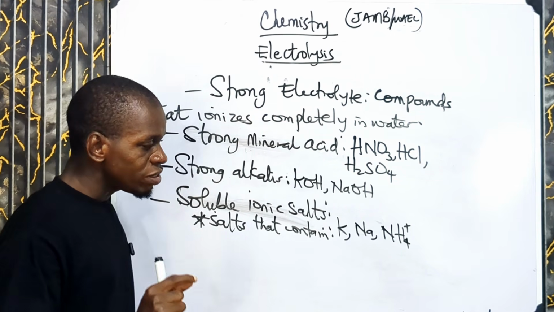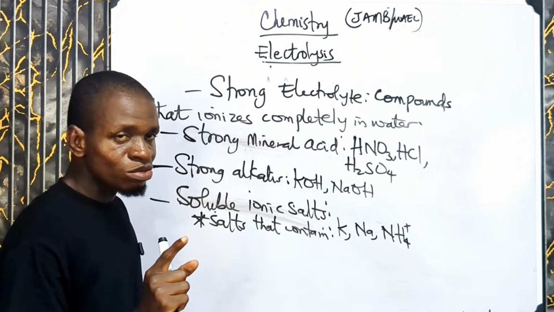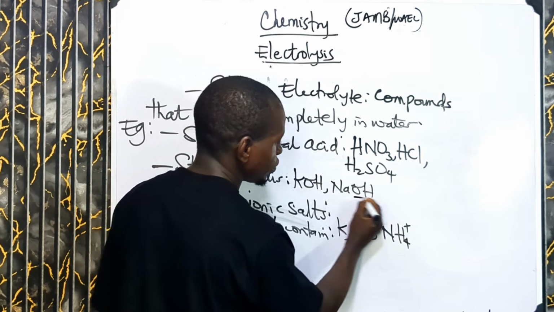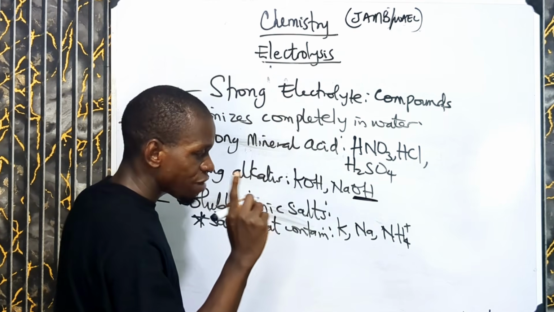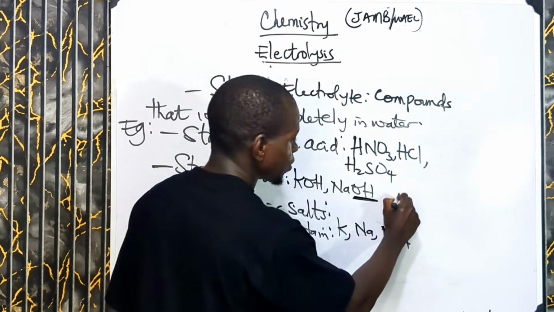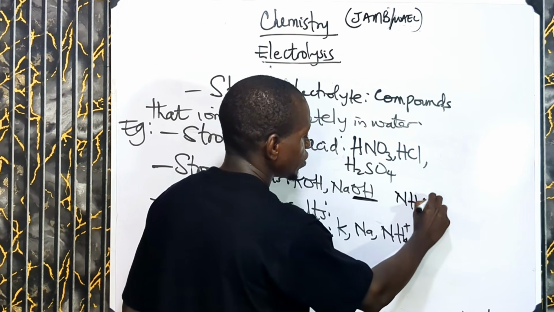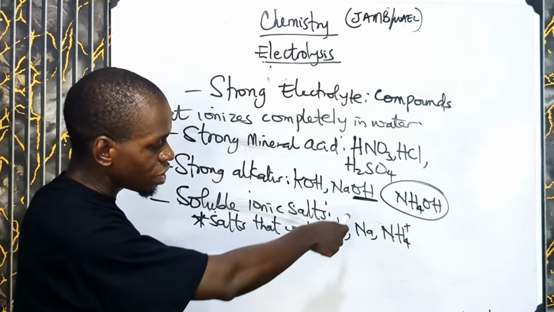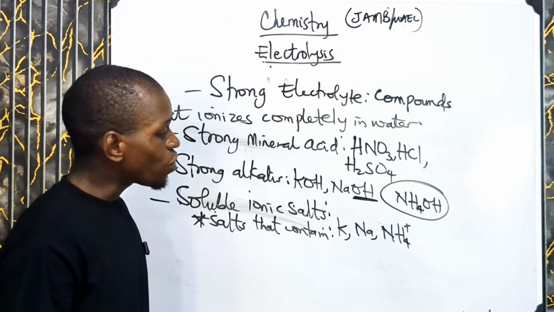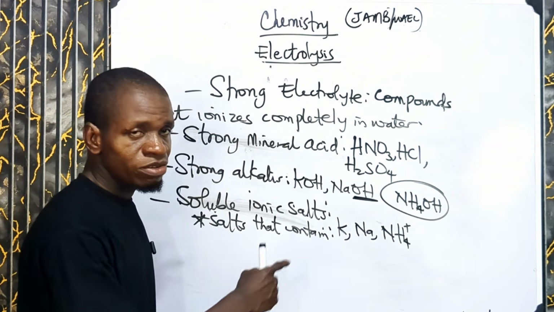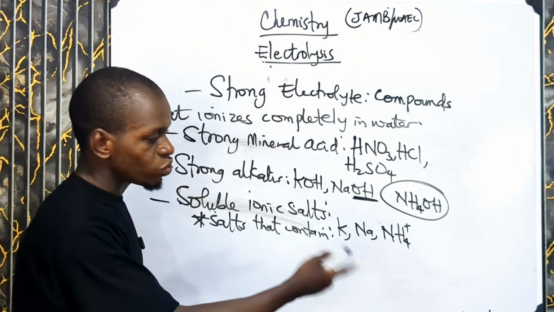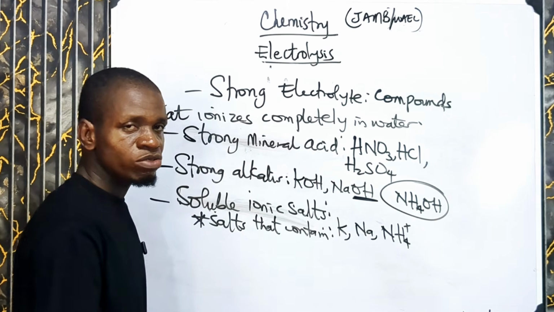when I say salt, I didn't mean the hydroxide too, so be careful. I'm not expecting you to say ammonium hydroxide is a strong electrolyte. No, I'm not talking about this, because whenever you see hydroxide this way, it's no longer a salt.